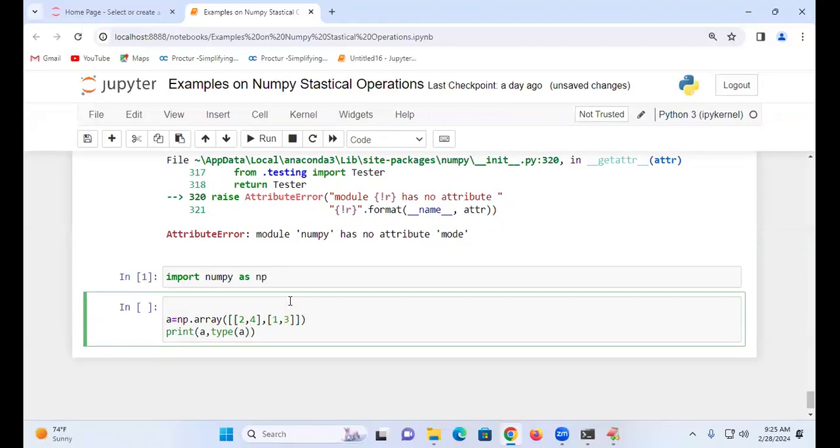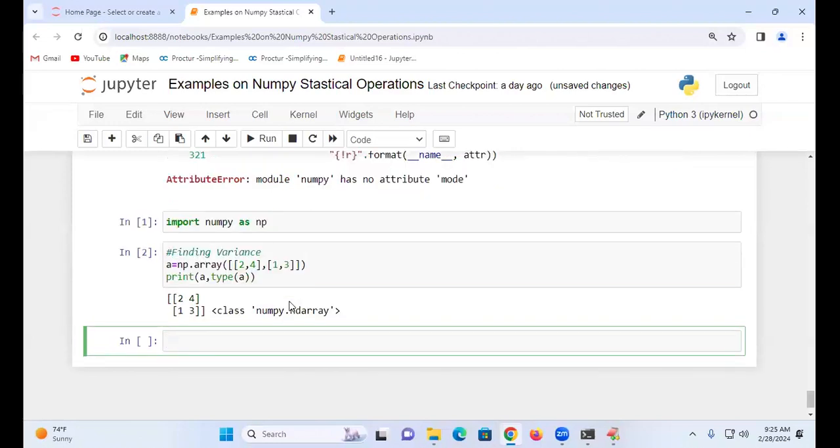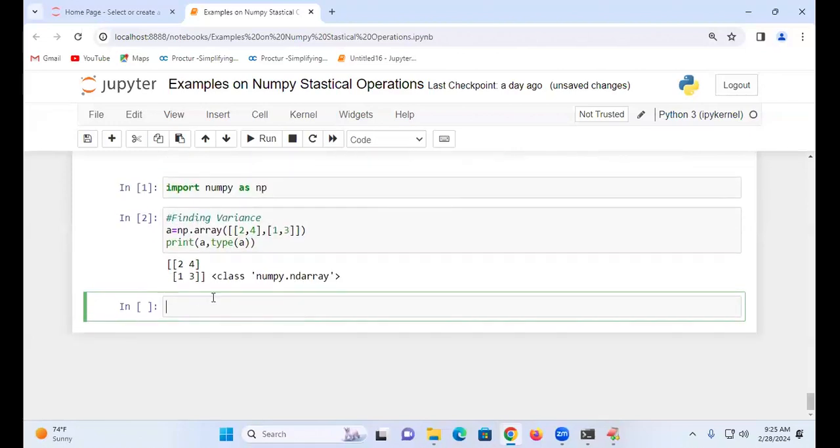Now I'm going to find the variance. This is my given ndarray.